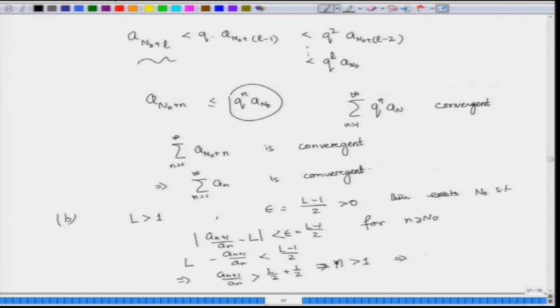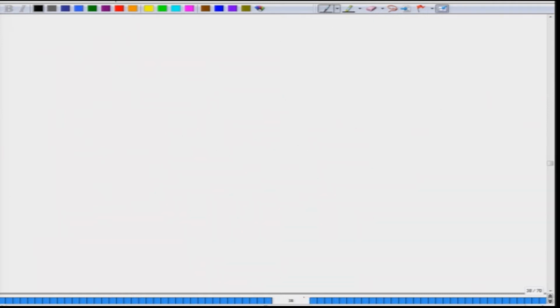This will imply that a_{n+1} is strictly greater than m times a_n. Now, you go like this, and in this process you will get a_{n0+n} is greater than m^n a_{n0}.